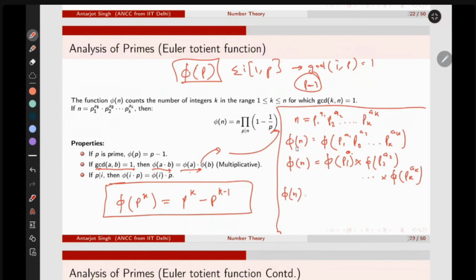So phi of n is just p1 to the power a1 minus 1, and so on till p to the power ak.